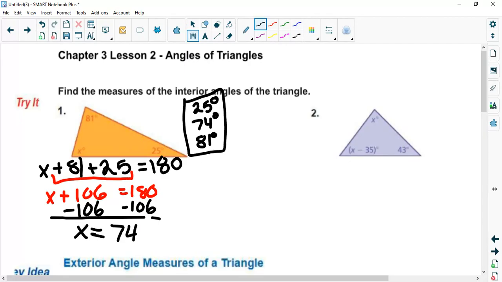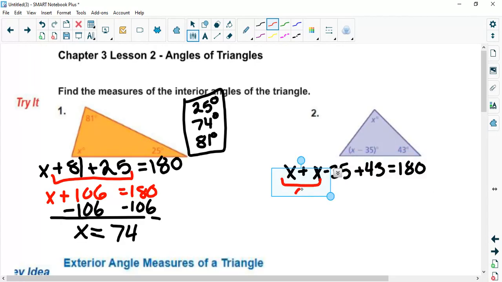And the next one, let's see, x plus x minus 35 plus 43 equals 180. Combine and combine.